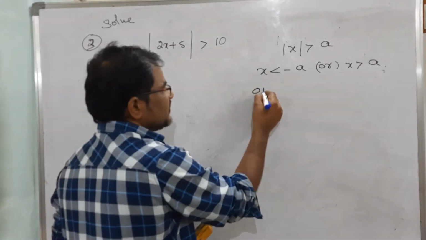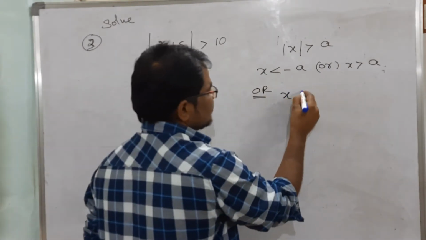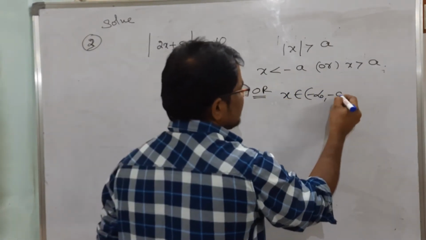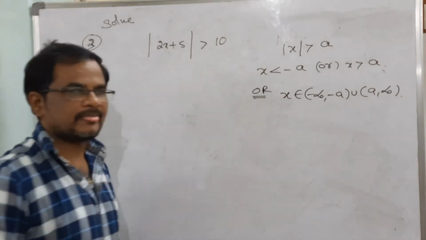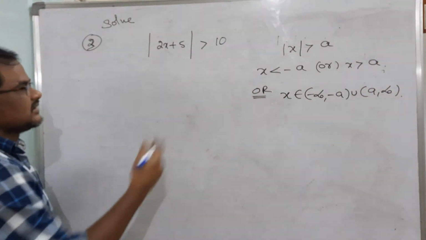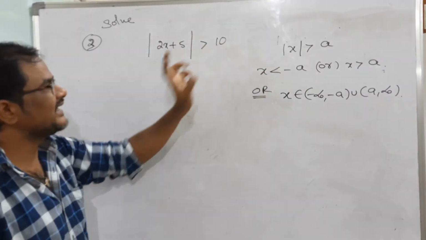Or in terms of intervals, x belongs to minus infinity to minus a union a to infinity. By that result, in place of x, 2x plus 5, in place of a, 10 is there.